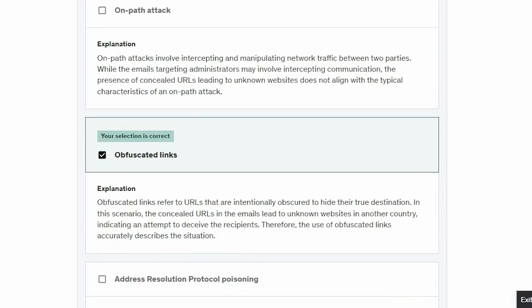On-path attack. On-path attack involves intercepting and manipulating network traffic between 2 parties. While the email targeting the administrator may involve intercepting communication, the presence of cancelled URL leading to unknown website does not align with the typical characteristics of an on-path attack. So an on-path attack is not the correct answer for this scenario also.